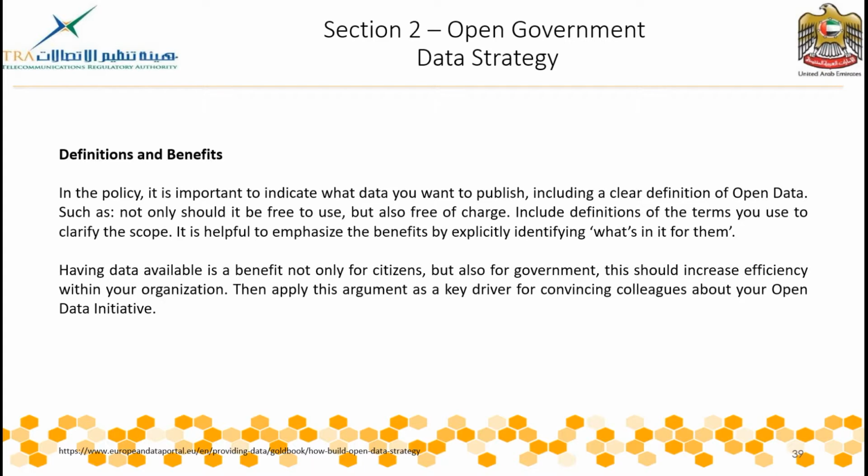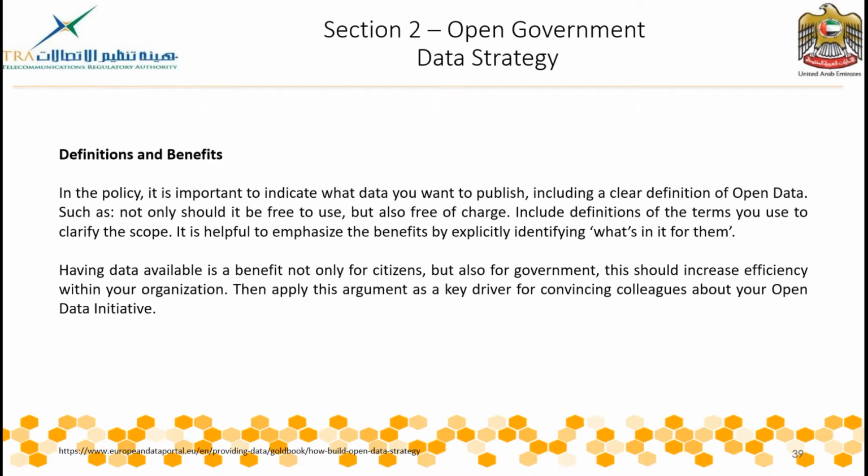The first topic is definitions and benefits. In the policy, it is important to indicate what data you want to publish, including a clear definition of open data, such as not only should it be free to use, but also free of charge. Include definitions of the terms you use to clarify the scope.